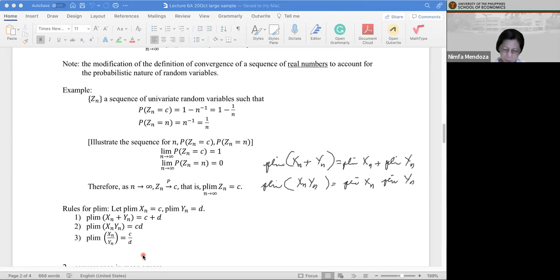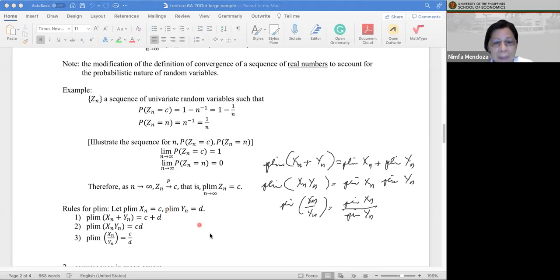What is the plim of x sub n over y sub n? That is just the plim of x sub n over the plim of y sub n. So you would need the concept of convergence in probability when we go to estimators in econometrics. You need the concept of convergence in probability, these plim operators, to show consistency of estimators.